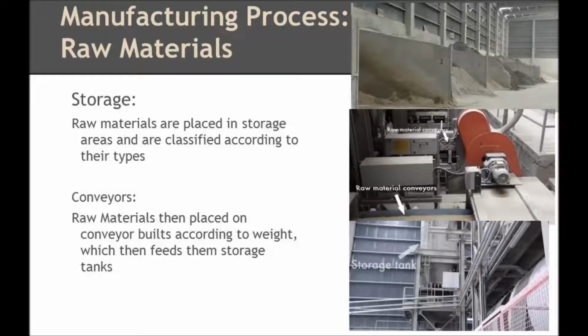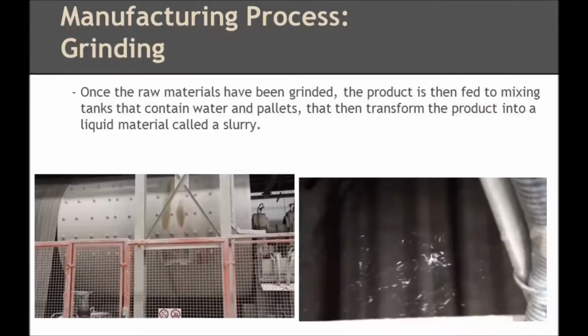The raw materials then are placed on conveyor belts, and certain specified mixtures are actually achieved by the speed at which the conveyor belt is moving. The conveyor belt then delivers the raw materials to the storage tank, as seen in the pictures provided in the slide. Now we enter the grinding phase.